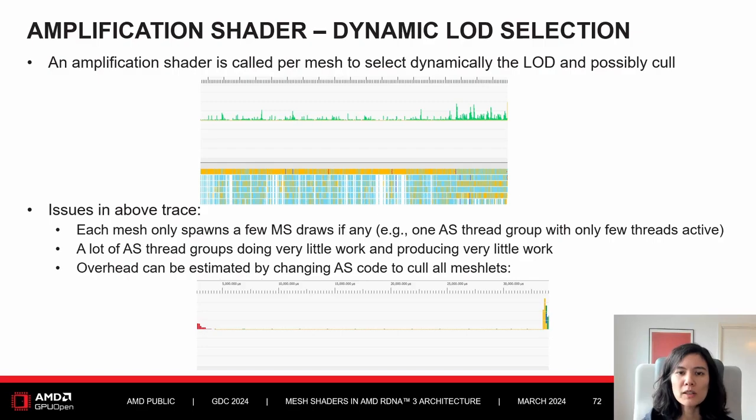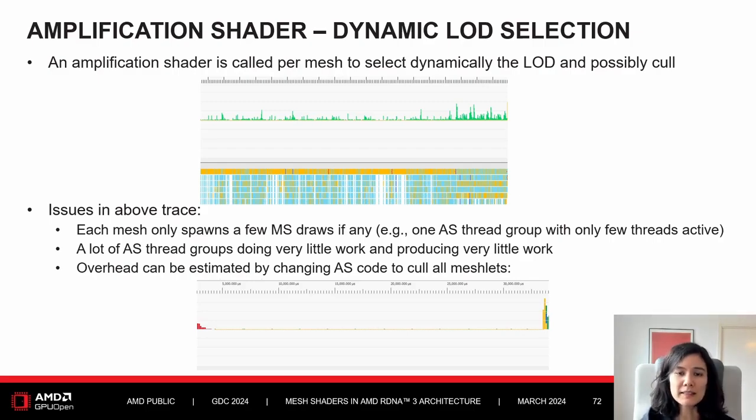So you had only one amplification shader thread group per mesh, and this amplification shader thread group only had a few threads active. So you ended up having a lot of amplification shader thread groups doing very little work and producing very little work. We tried to estimate the overhead of the amplification shader workload alone by changing the code to just cull all the meshlets.